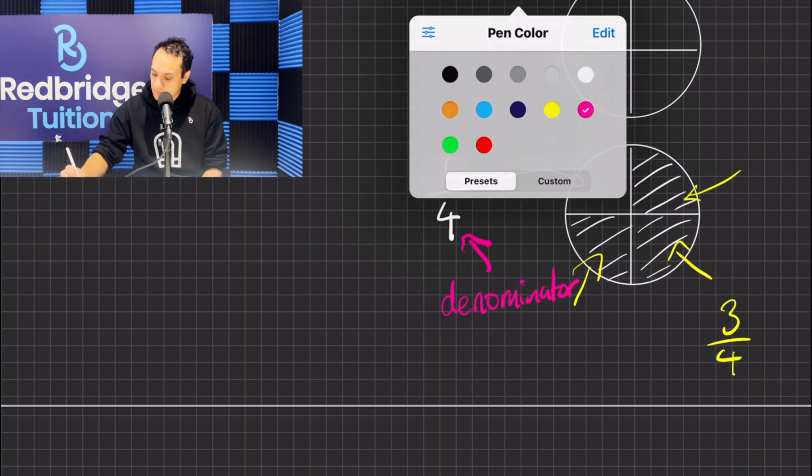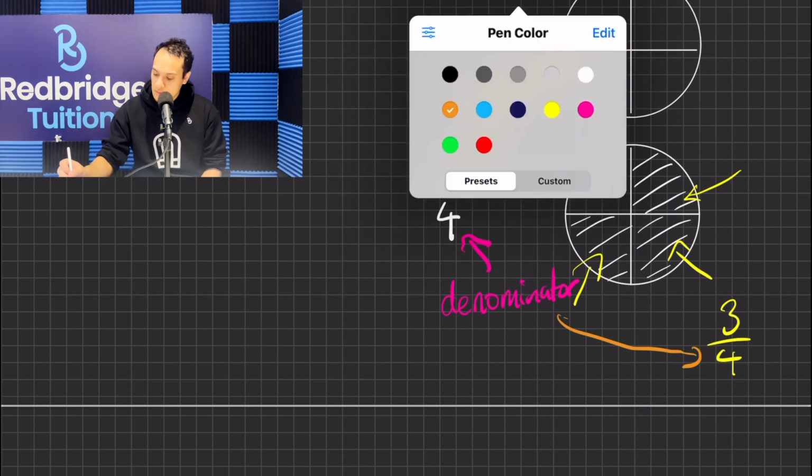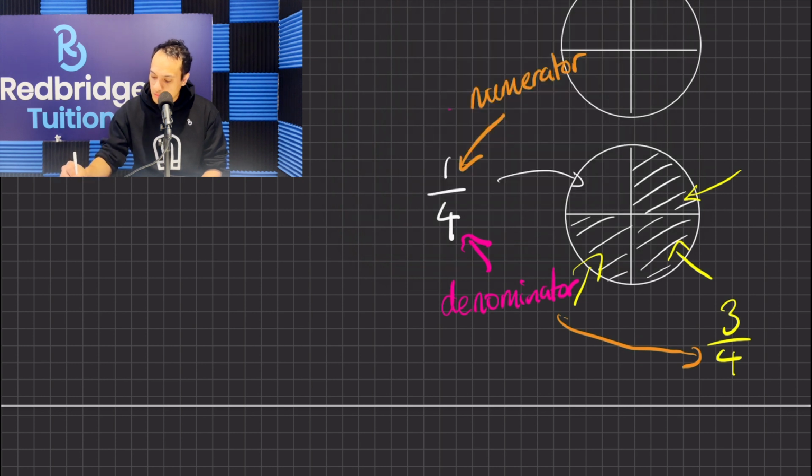And the top part is the numerator. As we split this pizza into 4 parts, you'll notice that our denominators match. On the other hand, you'll see that our numerators are different. In one of them, we've got a numerator of 1, and the other, we've got a numerator of 3.